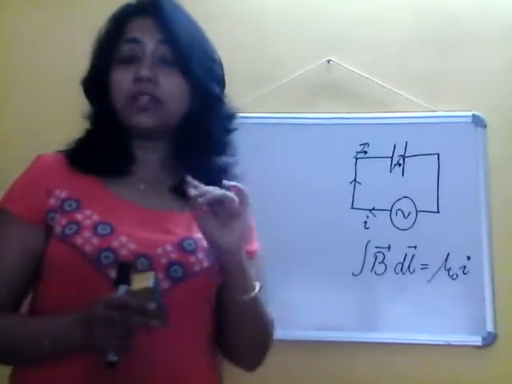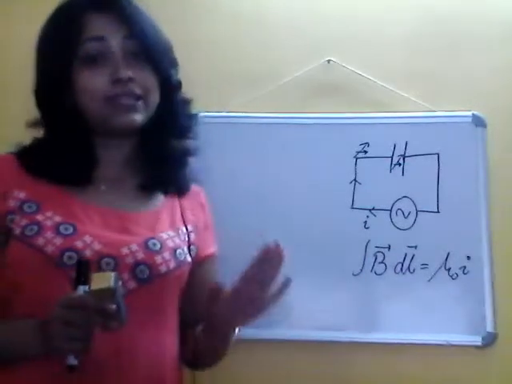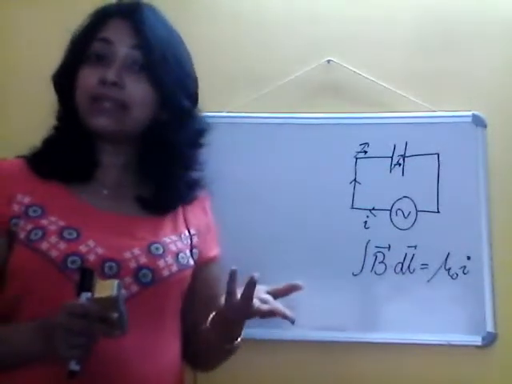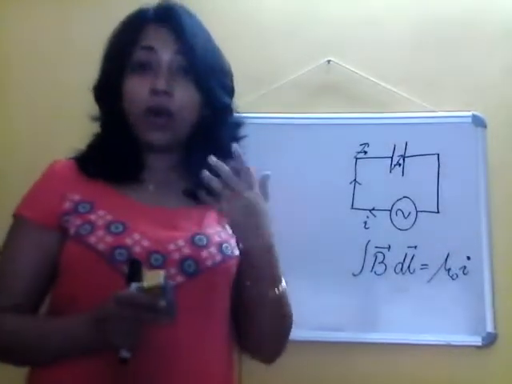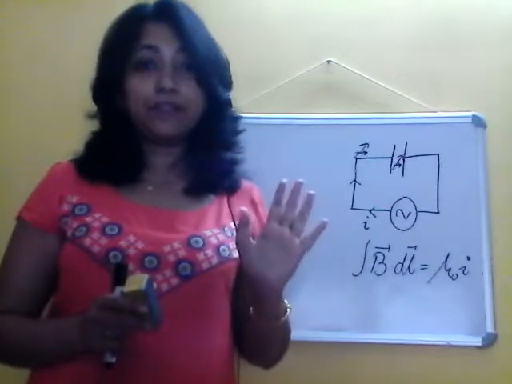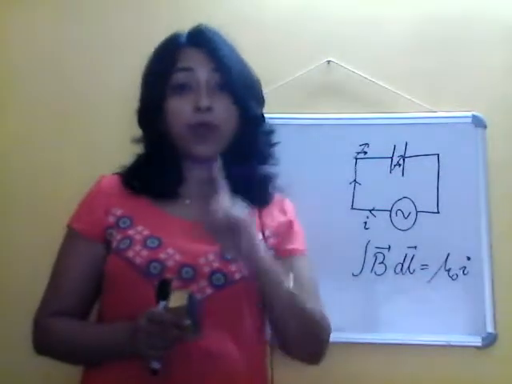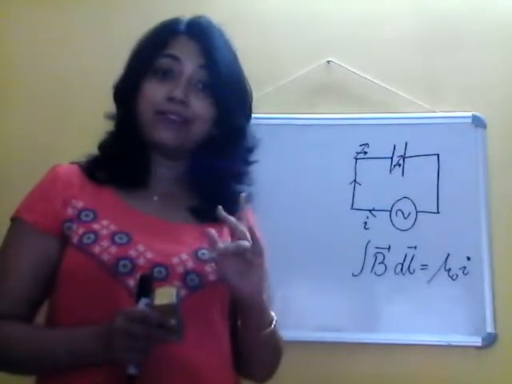Now see, let me just add a point over here that Ampere's circuital law holds good for steady state current. What do I mean by steady state current? Steady state current means the current that doesn't change with time, or the source doesn't change with time, which means DC. Fine, it was nice. But the problem arose because of a time-dependent current, where the current was varying with time.